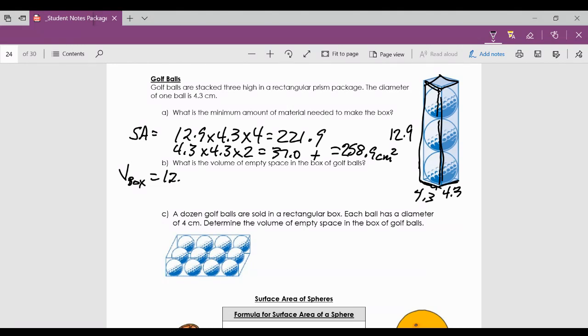So 12.9 by 4.3 by 4.3. And you multiply all those three together and you get 238.5 centimeters cubed.